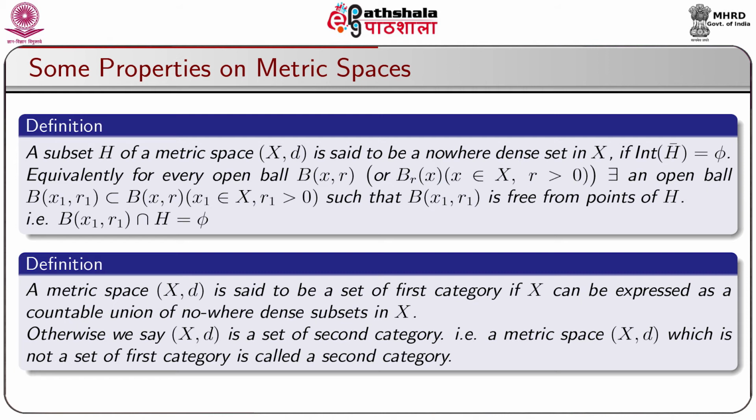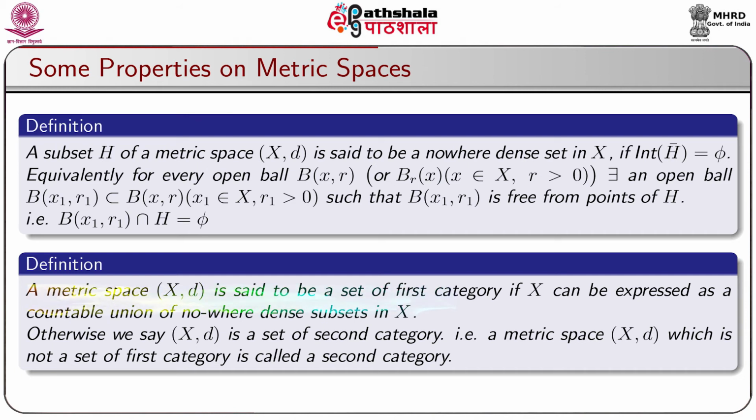Equivalently, for every open ball B(x, r), where x is taken from X and r is a positive real, there exists an open ball B(x1, r1) subset of B(x, r), where x1 is taken from X and r1 is a positive real, such that B(x1, r1) is free from points of H, that is, B(x1, r1) intersection H is equal to phi.